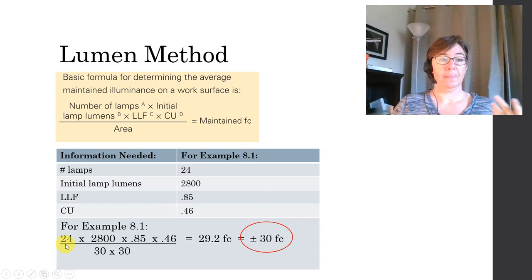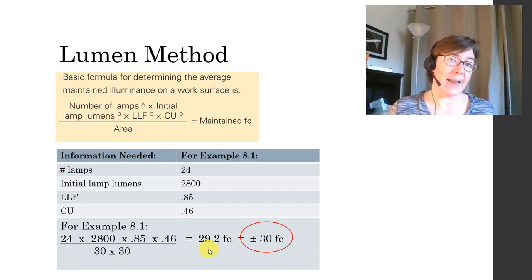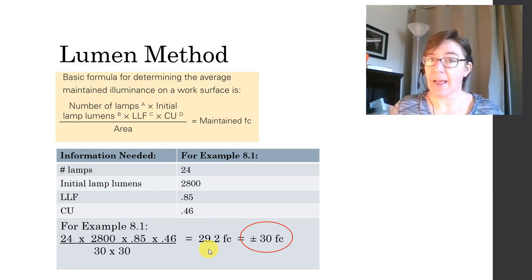Here we go. 24 times 2,800 times 0.85 times 0.46. Divide all of that by the room area of 30 by 30. You end up with a grand finale of 29.2 foot candles delivered to the work surface or to the desk in that room.